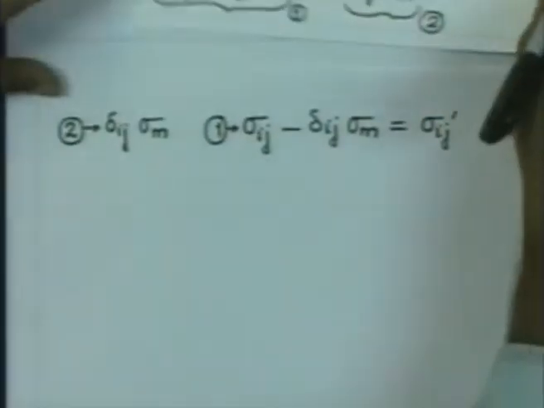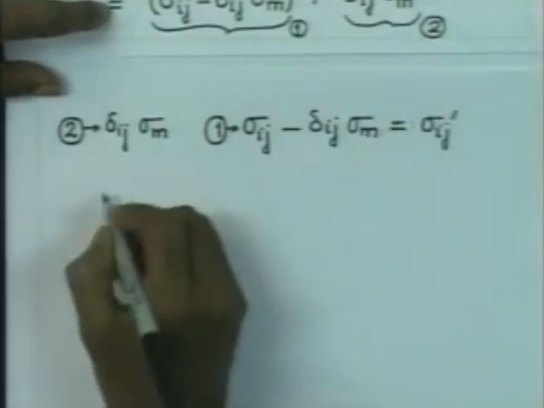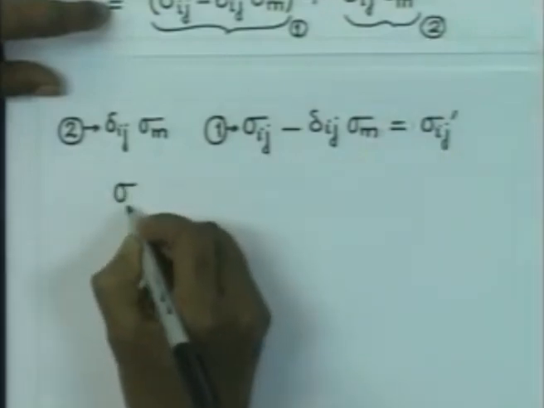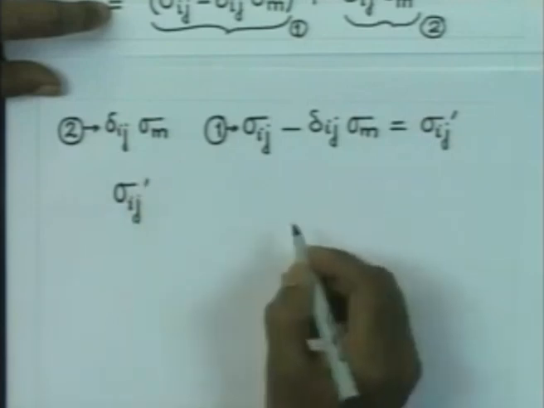Now, we can go for considering only this part 1. So, this is sigma ij dash.